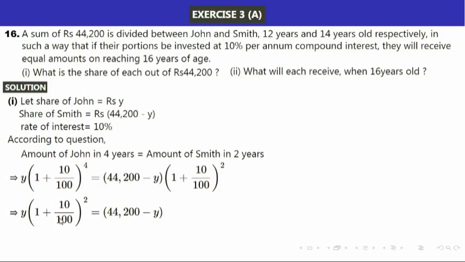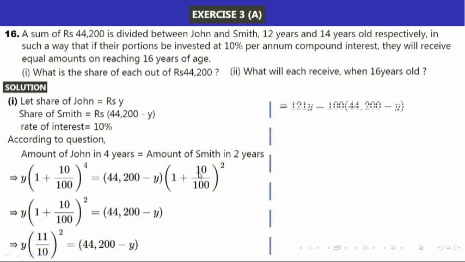Now let's simplify this part. After cancellation and simplification, this becomes (11/10) whole square. 11 square is 121 and 10 square is 100. So this 100 goes over here, and you get 121y. The 100 gets multiplied here.